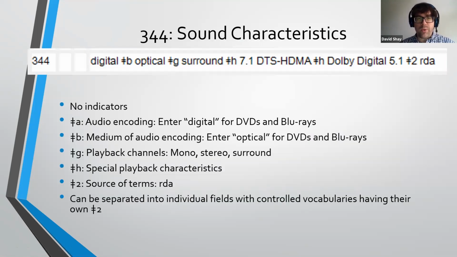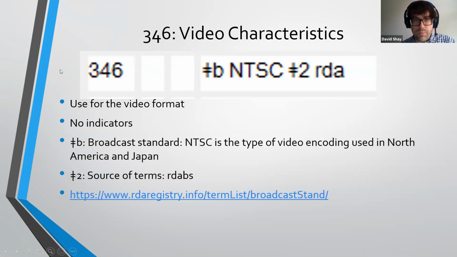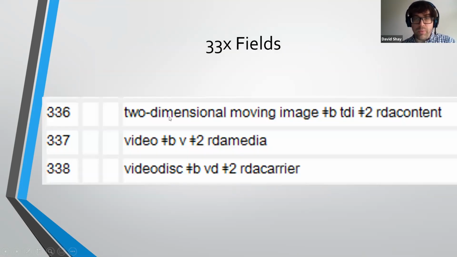344 sound characteristics. Did I put one on? Oops. No, you don't need periods at the end of 336s. The rule in RDA is everything is a complete sentence, kind of, unless it's not.